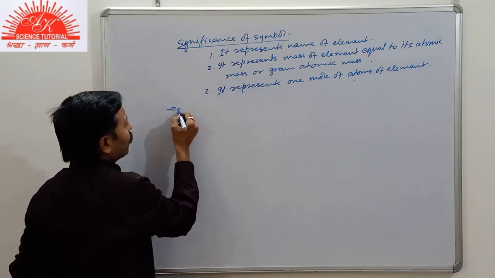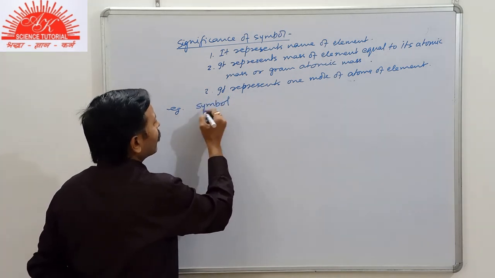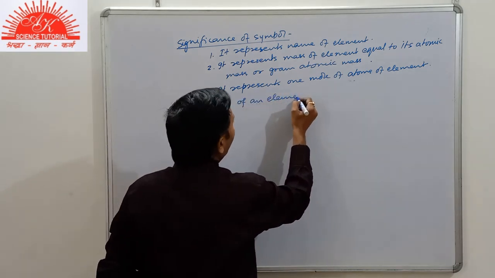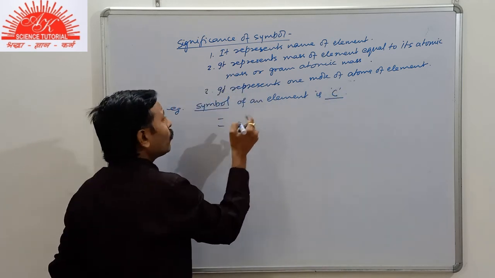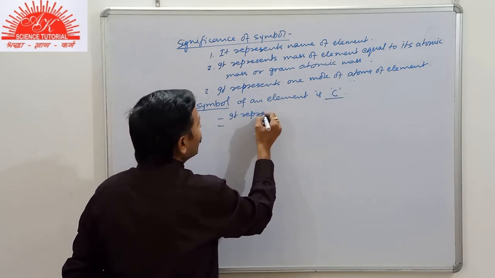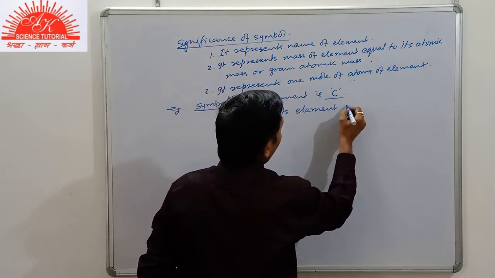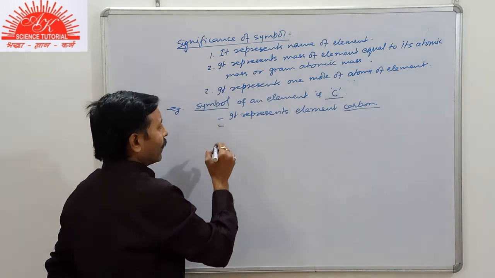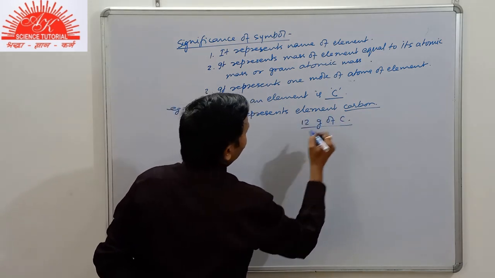For example, suppose the symbol of an element is C. Then what will it represent? It represents the element carbon. First thing, that is the name of the element. Second, it represents 12 gram of carbon.